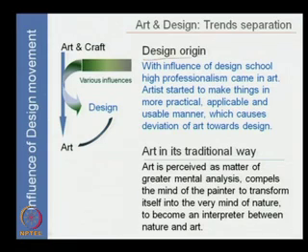If we see the design origin, with the influence of design schools, high professionalism came into art. Artists started to make things in a more practical, applicable and usable manner, which caused a deviation of art towards design.